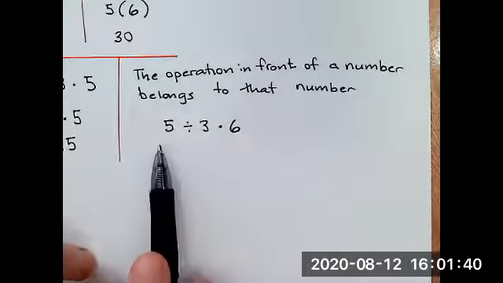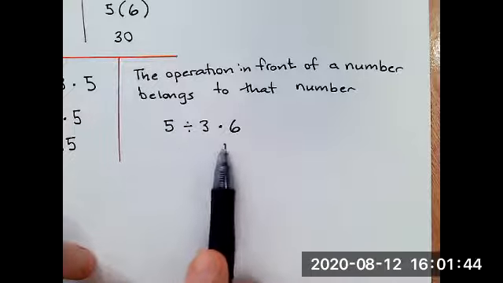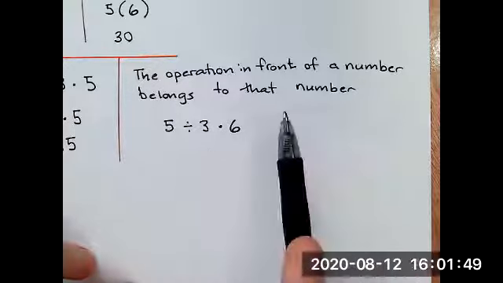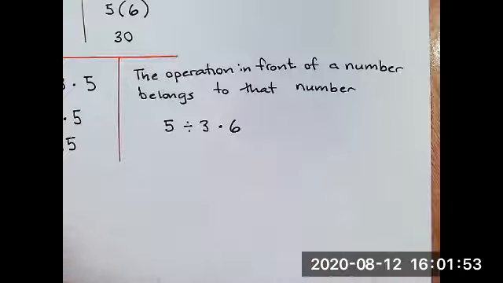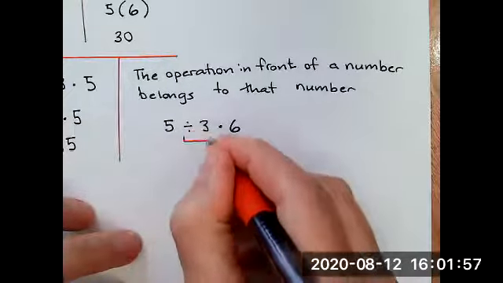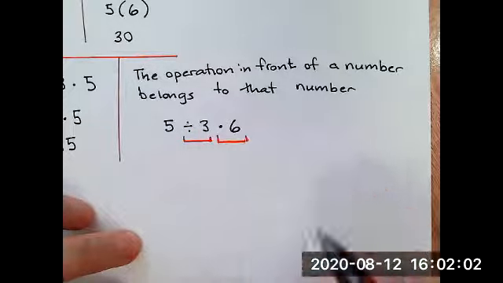So when you have multiply and divide all together, you go left to right in the order it appears, unless you follow the special rules. And that rule is that the operation in front of a number belongs to that number. So we're dividing by 3 and multiplying by 6.